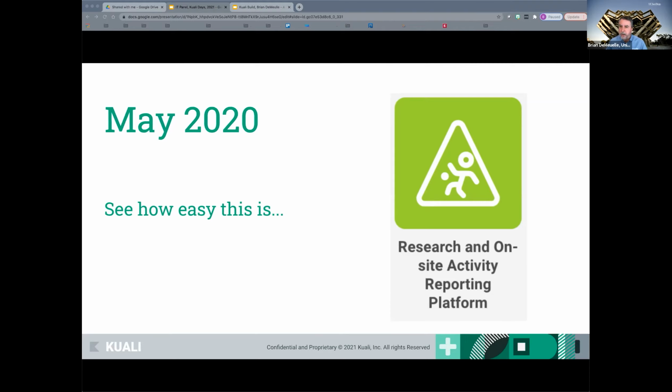We took about an hour and a half to train him on the Kuali Build application. He had a prototype done by the next day. Within about 3 days, we deployed this and started using it. There were some subsequent tweaks and adjustments to the application, but within 30 days or so, there were over 2,000 submissions in this specific application that we deployed on Build.